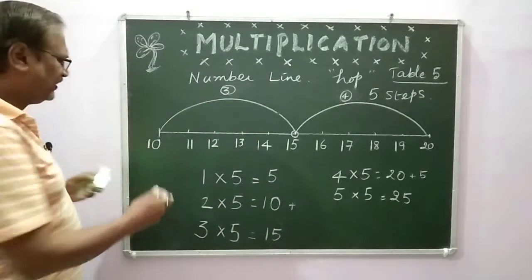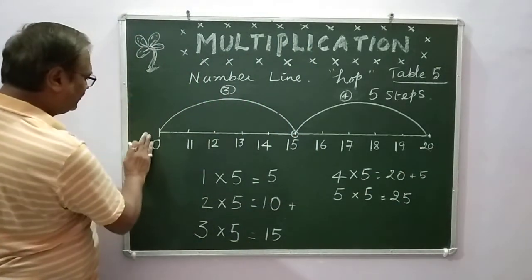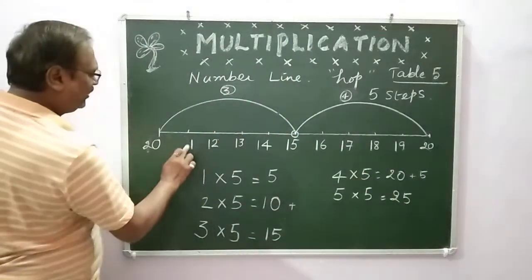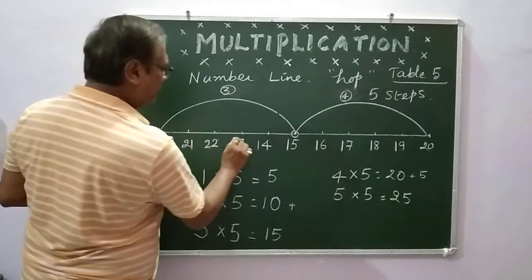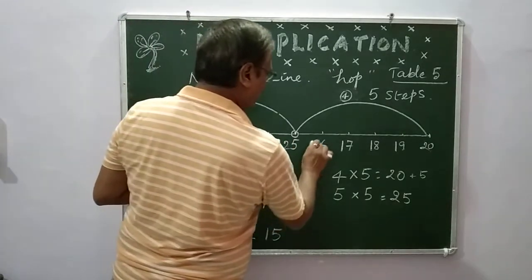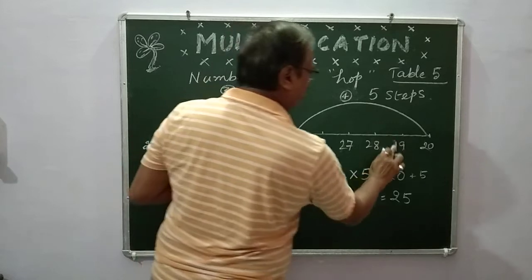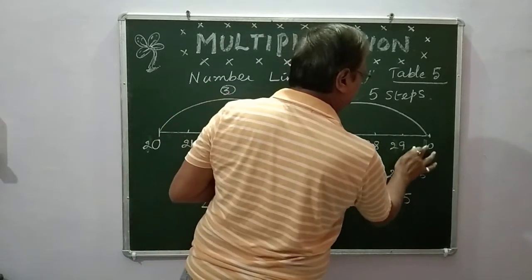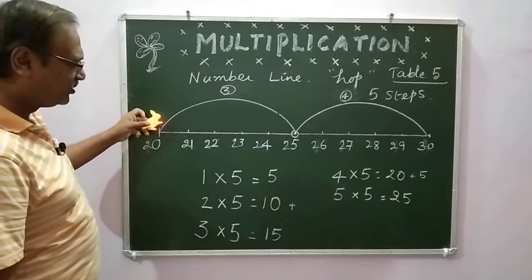Same number line. Instead of 10, now this is 20. Bring the 20 here. So 20, then 21, 22, 23, 24, 25, 26, 27, 28, 29 and 30. Very good. Now the bunny is going to jump.